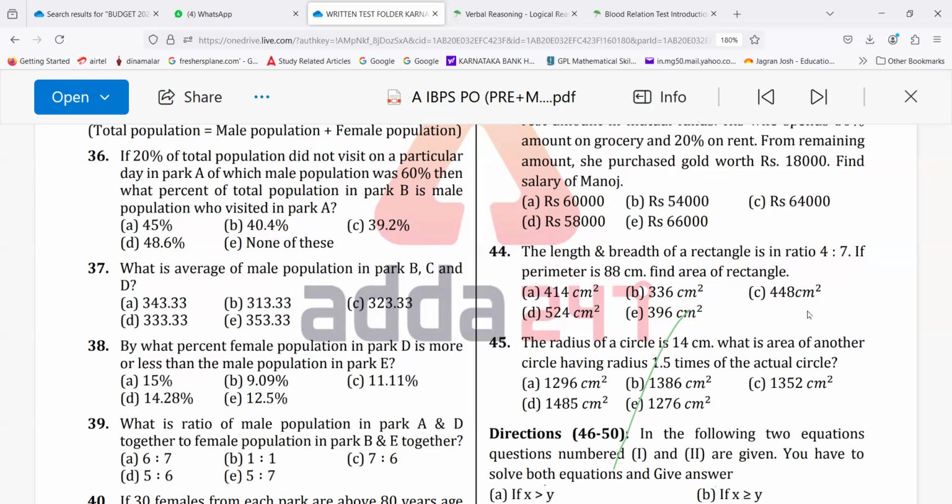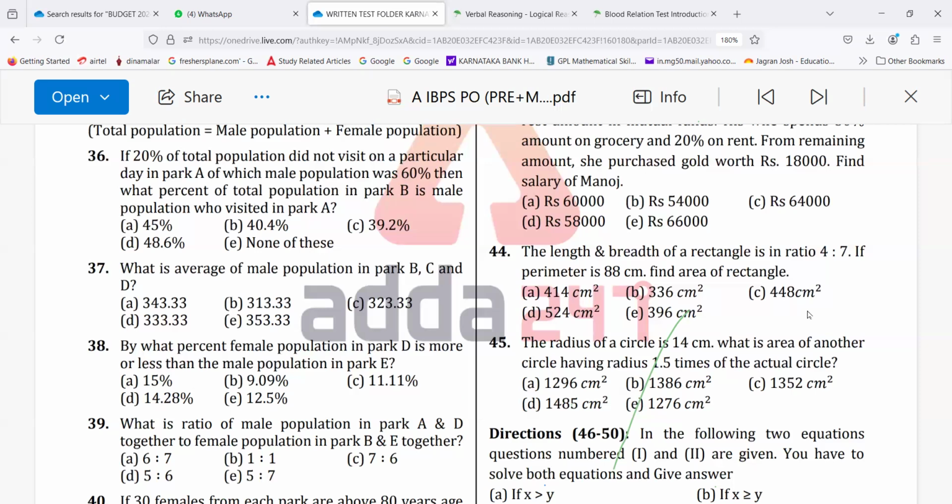Question number 44. The length and breadth of a rectangle is in ratio 4:7. If the perimeter is 88 centimeter, find the area of the rectangle. What is perimeter?